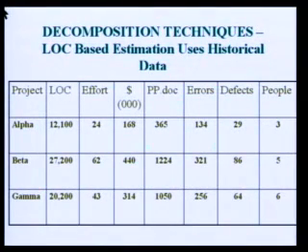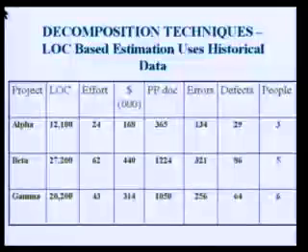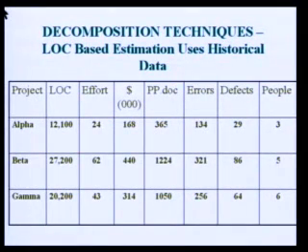The lines of code estimation uses historical data. Historical data means the data from past projects. So whenever you are doing a project, you should also think of whether such projects have been taken up or not. If no such project has been taken up, then project planning becomes too tedious.